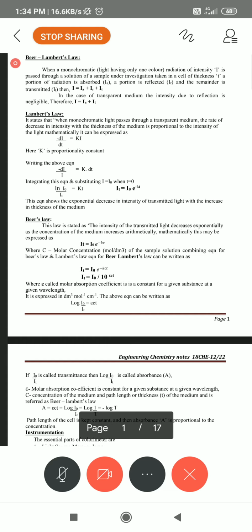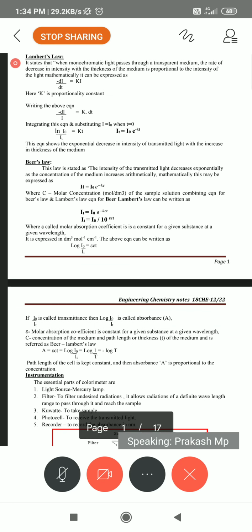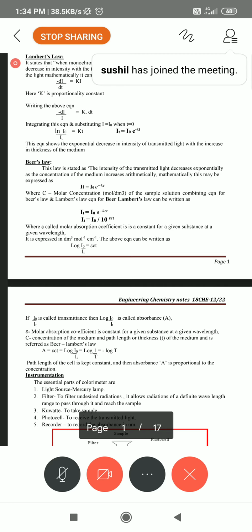If the Lambert's law is satisfied, 50% of the colorimeter principle is satisfied. According to this law, the thickness is absorbed. The second law is Beer's law. This is also the same: the intensity of transmitted light decreases exponentially as the concentration of absorbing substances increases arithmetically.